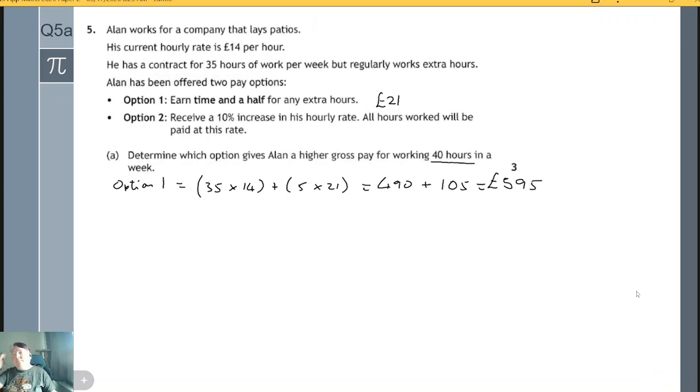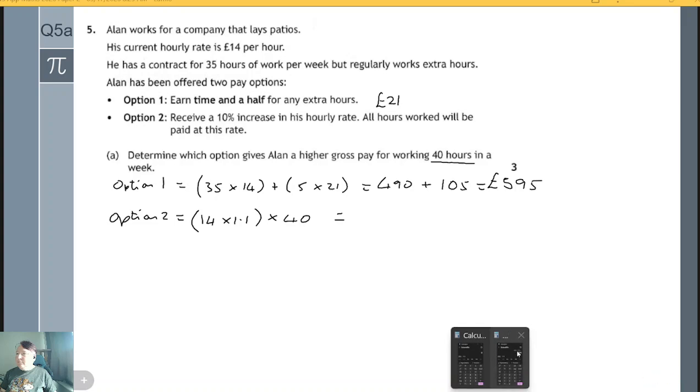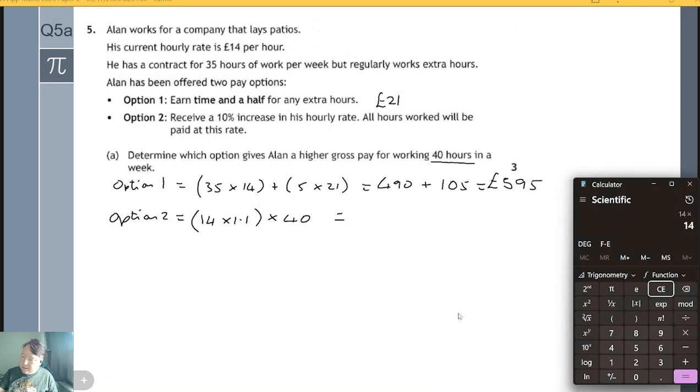Okay. Option two is a 10% increase in his hourly rate. So we're starting off with our 14 times 1.1, 1.10 if you want. And then we're going to times that by all 40 hours. So our 14 times our 1.1, that's us finding 10%, so an increase, so plus 10%.